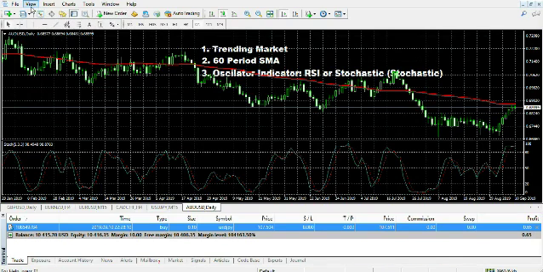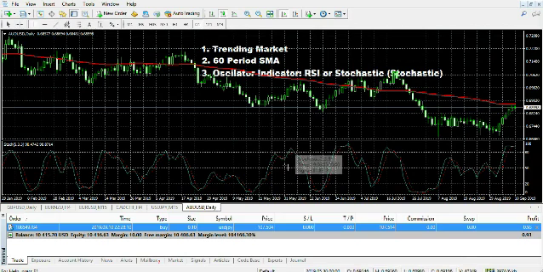Number one, price is at or around the oversold area, because we're in a sell market, right?